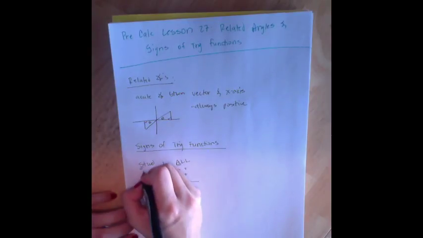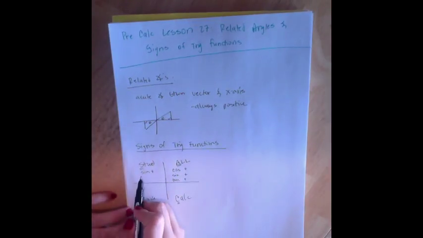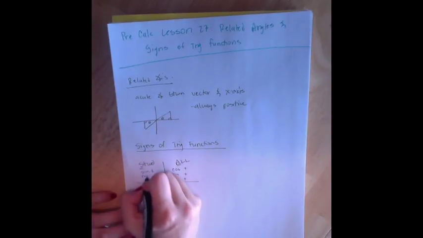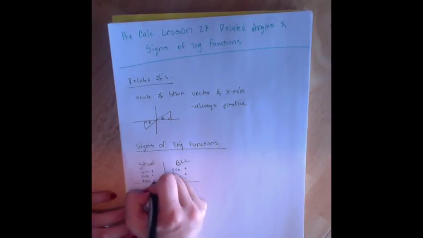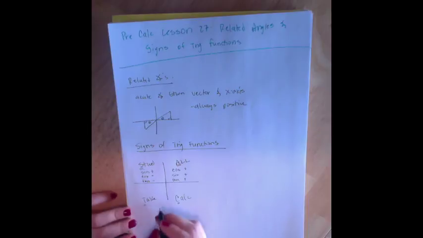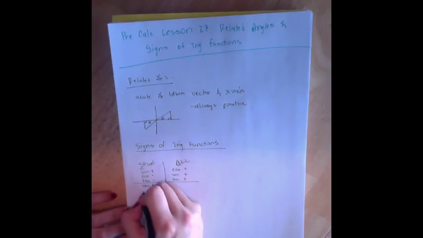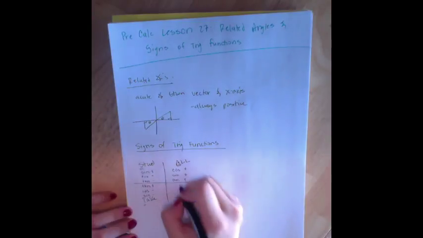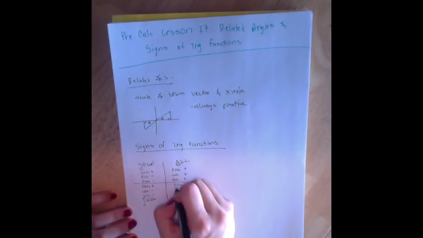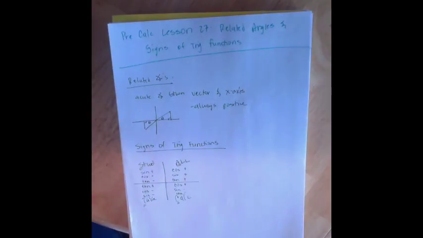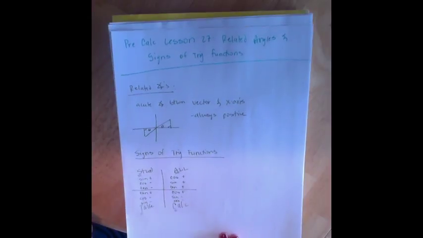In the second quadrant, sine is positive because it's sine, students, cosine is negative, and tangent is negative. In the third quadrant, tangent is positive, cosine is negative, and sine is negative. And the fourth quadrant, cosine is positive, sine is negative, and tangent is negative. Okay, this is really important when we are evaluating different angles. So let's jump in and do some examples to make this make more sense.